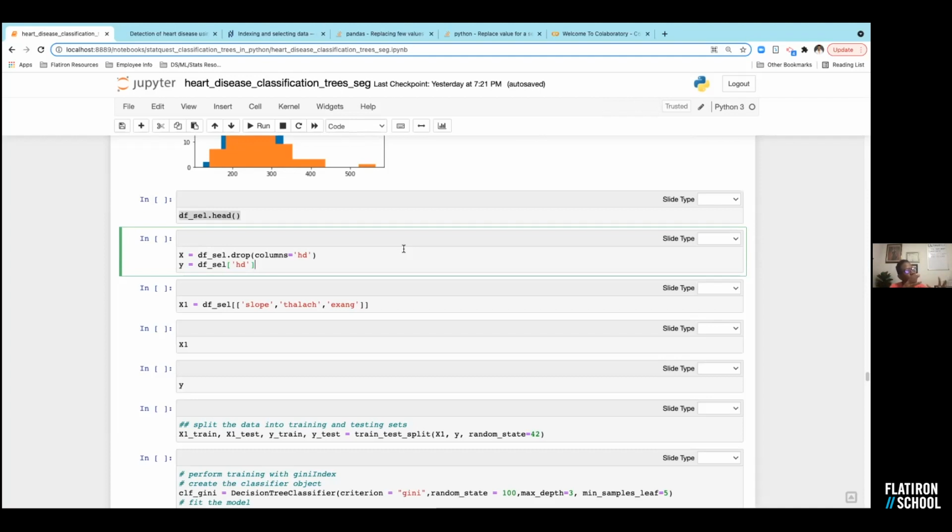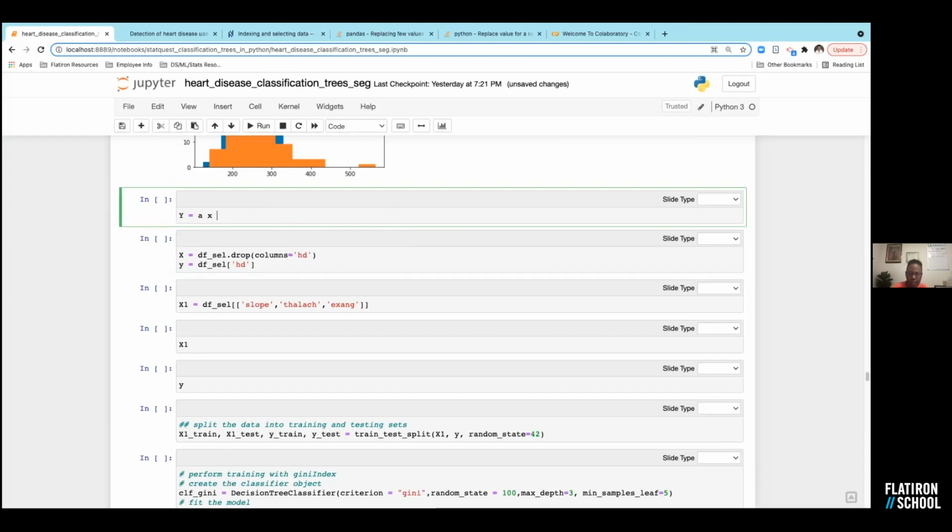And so all of these features combined in a certain way are going to be used to predict some kind of outcome. So if you think about it in terms of the linear regression model, you would have an equation y is equal to ax plus bx plus cx, that kind of stuff.